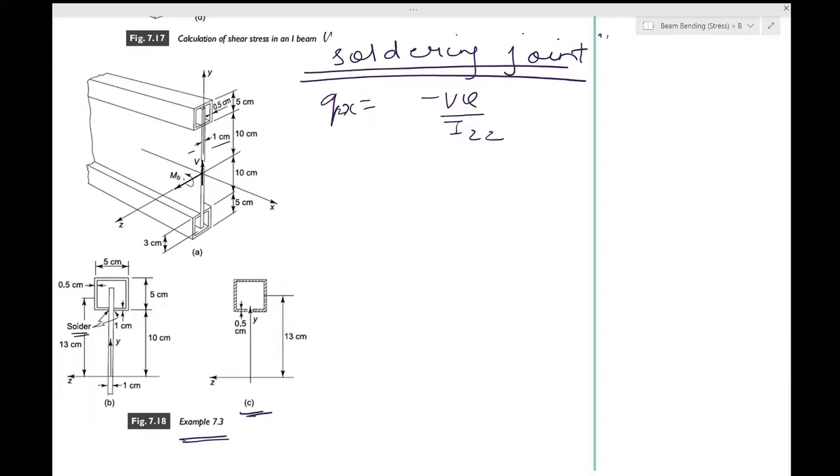If we approximate this area by the complete square annulus, you have to find what the value of Q is, and then you should be able to find this. Now there is a factor of 2 over here. Why is that there?